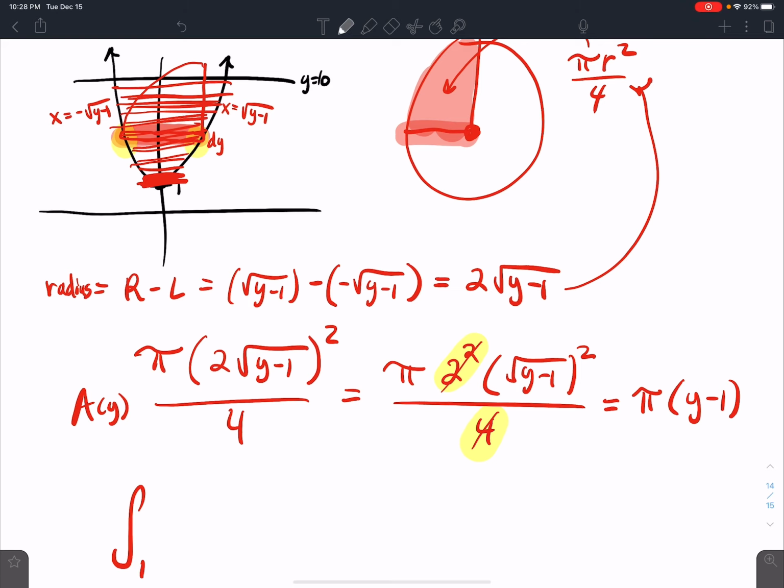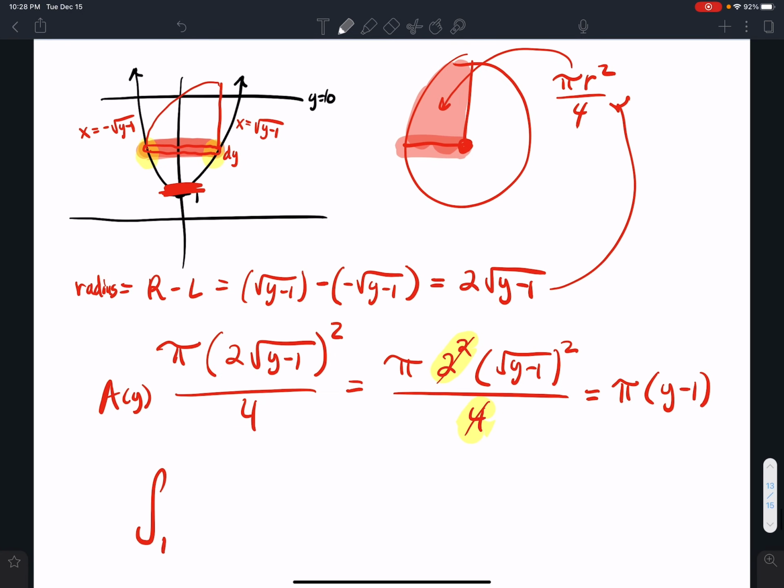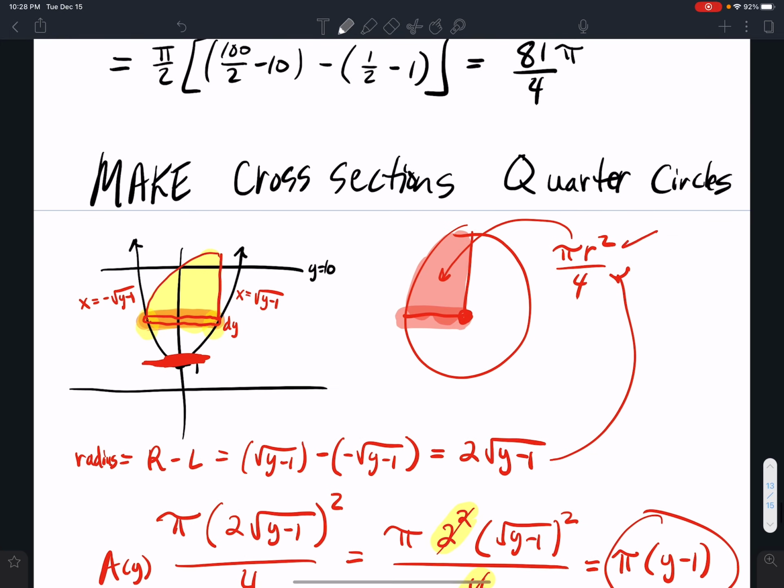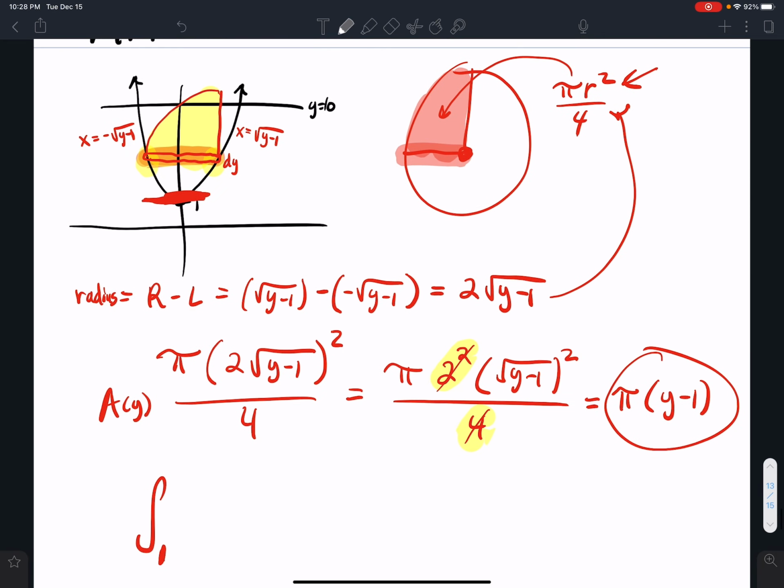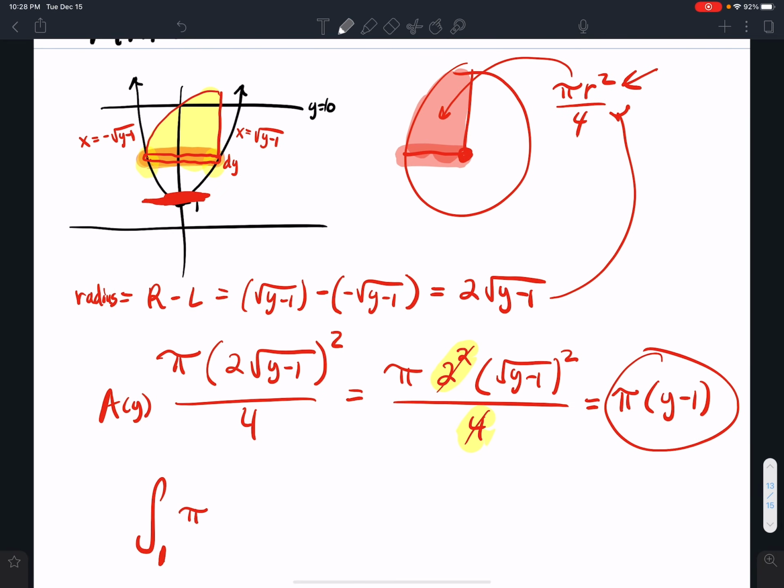cross sections that are perpendicular. Okay, remember, we think about a definite integral as summing. We're starting at 1, and we're adding all of these shapes here. What are those shapes? They are 1/4 of a circle area, right? So 1/4 of the circle area is represented by pi times y minus 1.